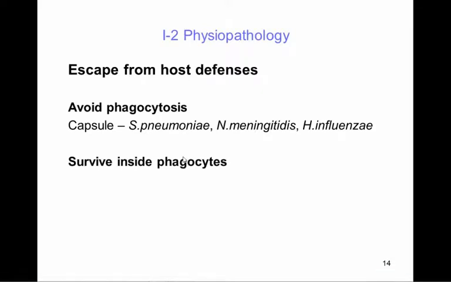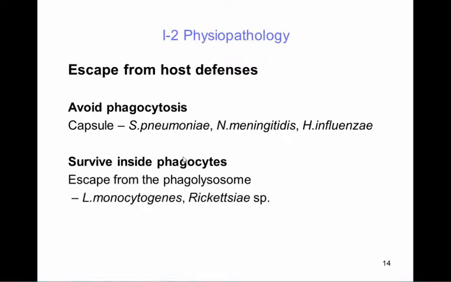Now, the other possibility is that the bacteria will not avoid phagocytosis, but they'll have a strategy to survive even after they've been internalized. So either bacteria will escape from the phagolysosome and go and live in the cytosol. Listeria does this. Rickettsia does that.